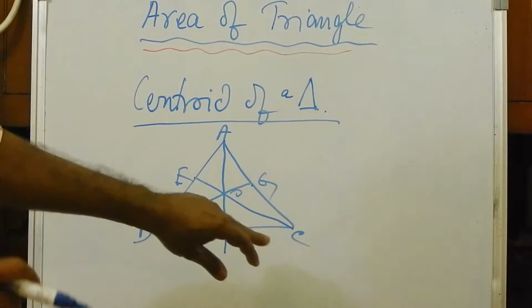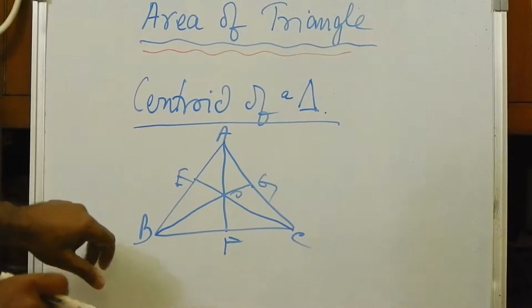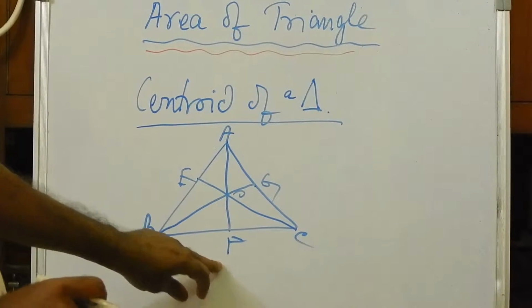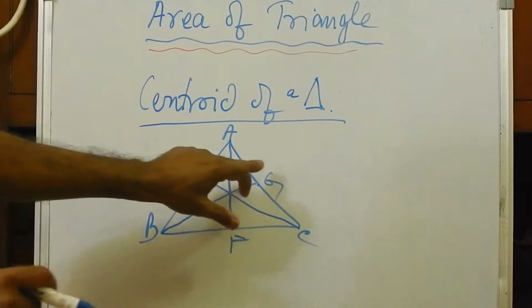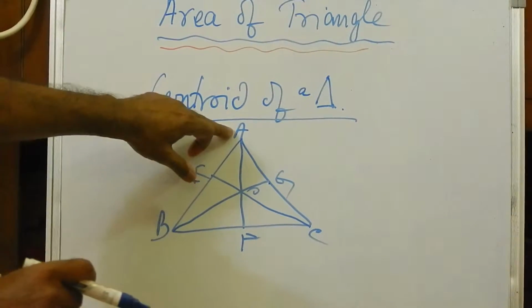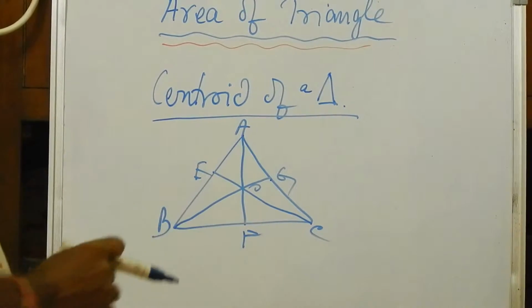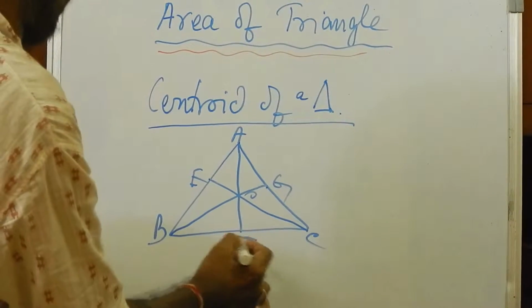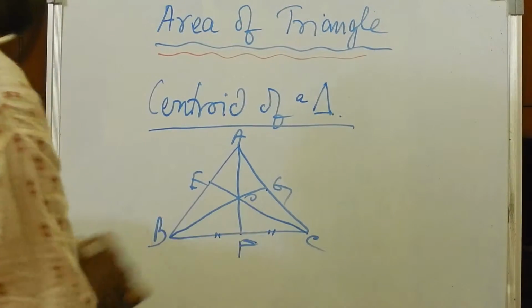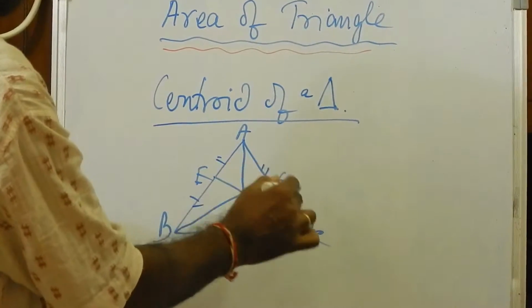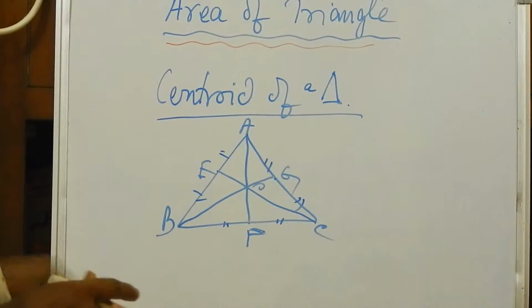Here is a triangle ABC, and the medians are AF, CE, BG respectively, because from A the line is drawn to the midpoint of BC, that is BF equal to FC, similarly BE equal to AE, AG equal to GC.